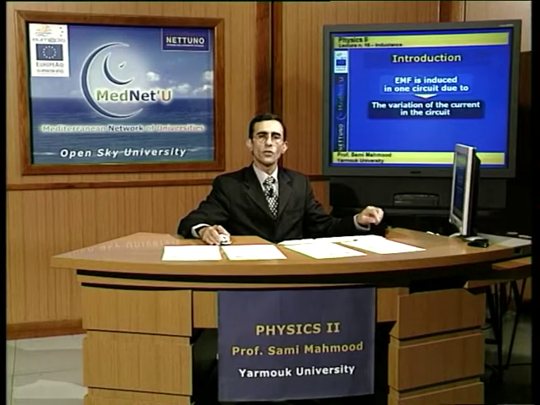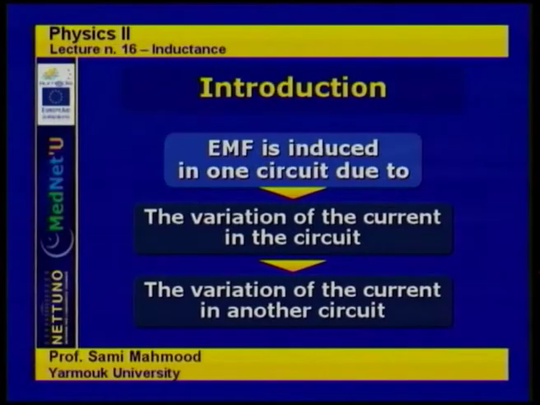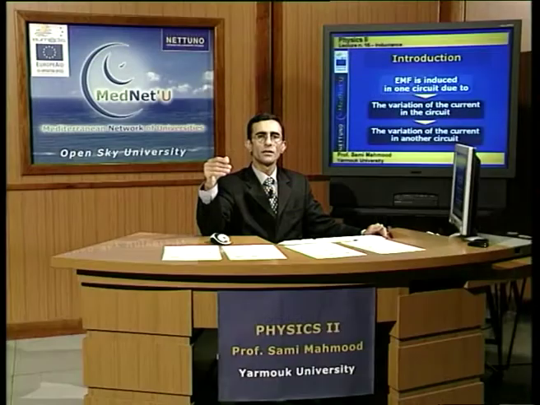So this is one way of producing electromotive force in the circuit by changing its own current. Or we can change the magnetic flux and thus induce an electromotive force in a circuit by varying the current in another circuit that is nearby.